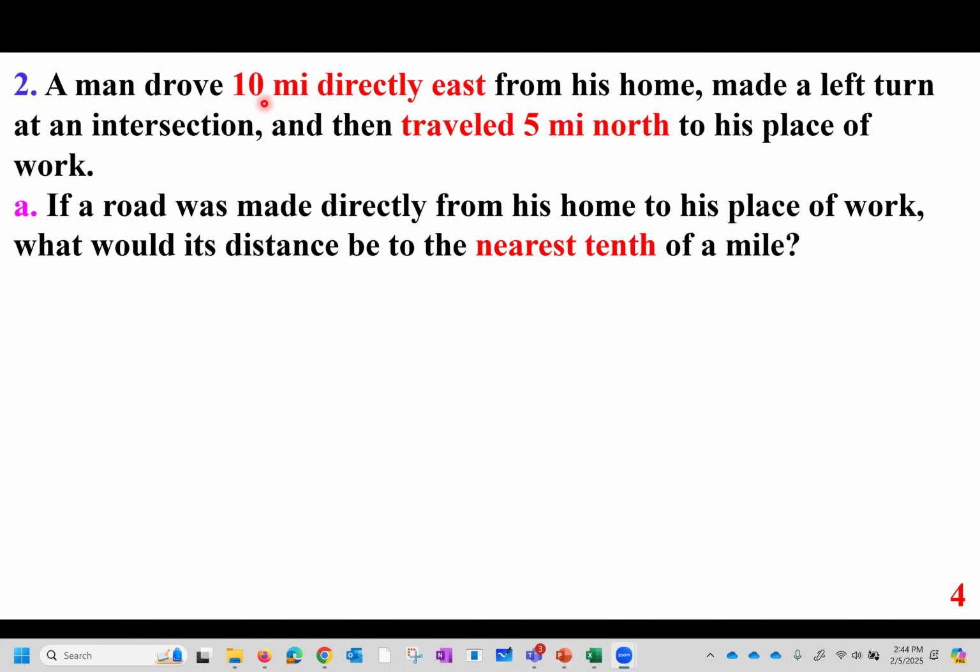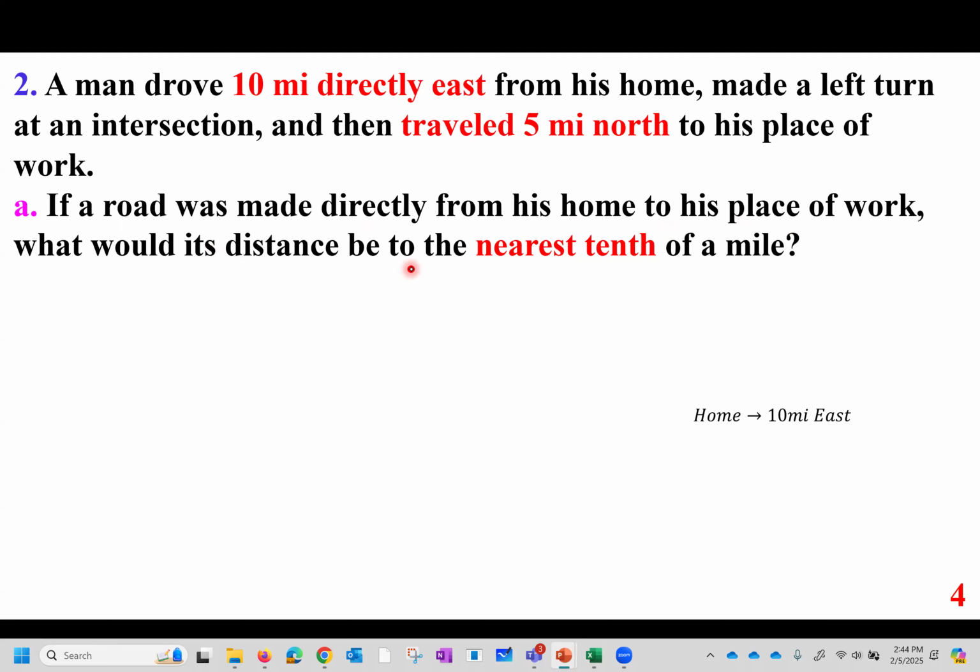A man drove 10 miles directly east from his home, made a left turn at an intersection, and then traveled 5 miles north to his place of work. If a road was made directly from his home to his place of work, what would its distance be to the nearest tenth?